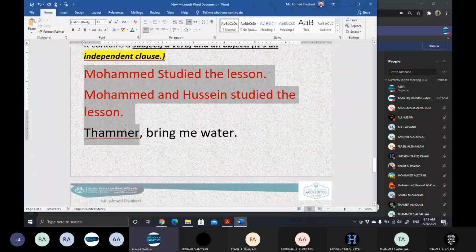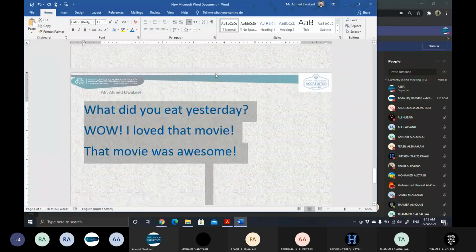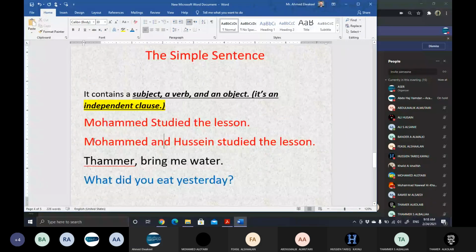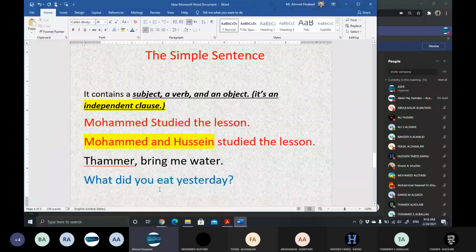So is this sentence still a simple one, yes or no? This is no. Why? There are 2 subjects. No, there are not 2 subjects. There is only one compound subject.